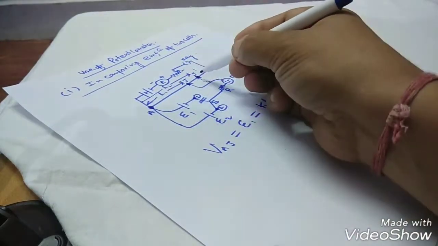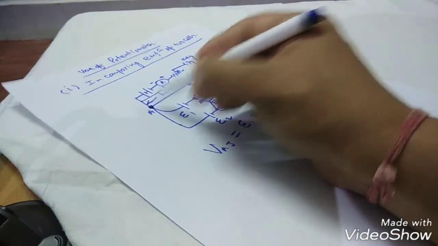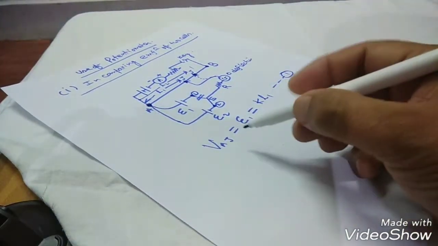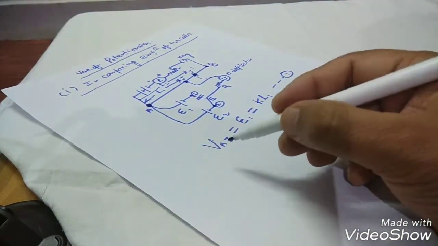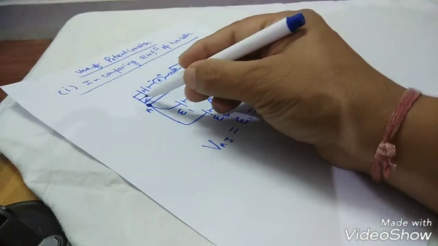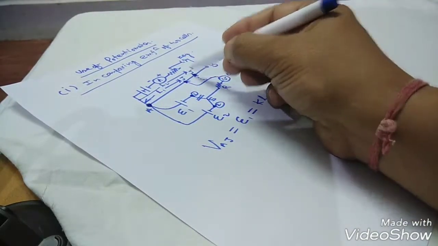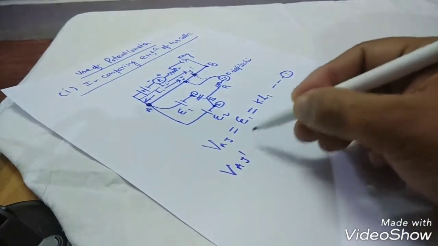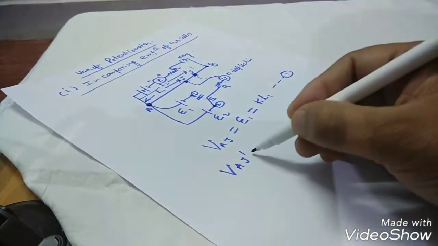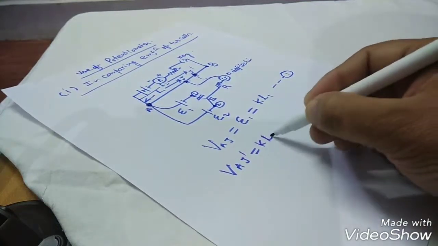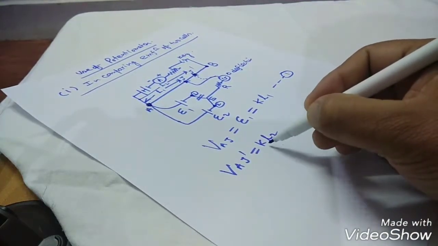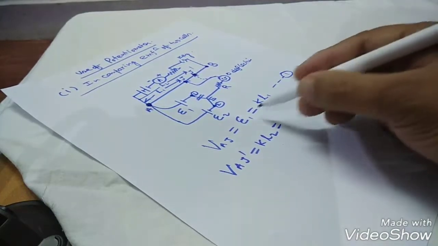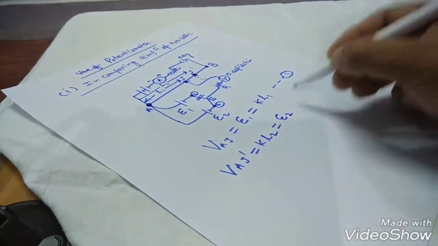So what is the potential drop between point A and J dash? As per the principle of the potentiometer, potential drop is directly proportional to the length of the wire. So VAJ dash is directly proportional to L2, or is equal to KL2, where K is the same potential gradient, its value will be the same, is equal to E2.